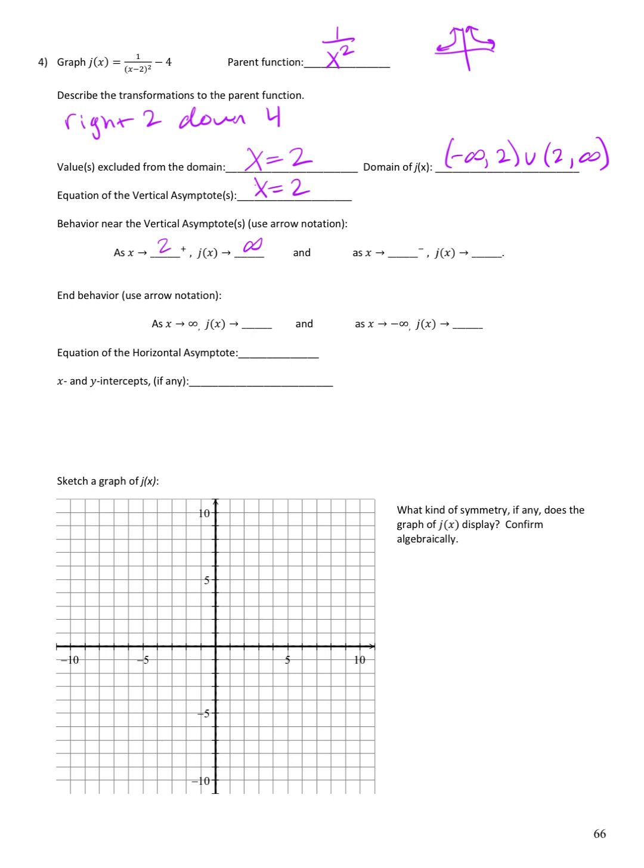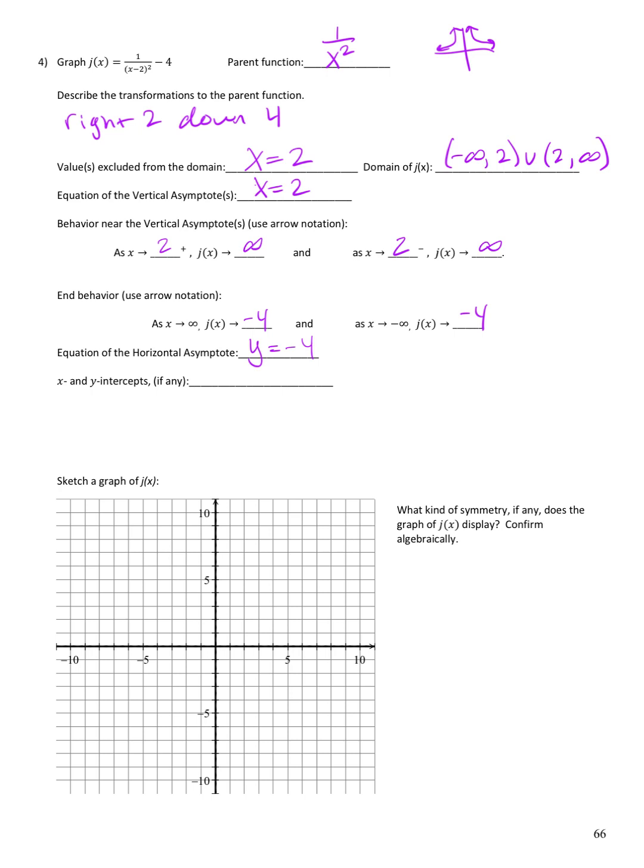And as x approaches 2 from the left, j goes up to infinity. And then the end behavior at the far right and the far left both go, for the parent, to 0, but I'm shifting this whole graph down 4, so it's going to go to -4. That means the equation of our horizontal asymptote is y equals -4.